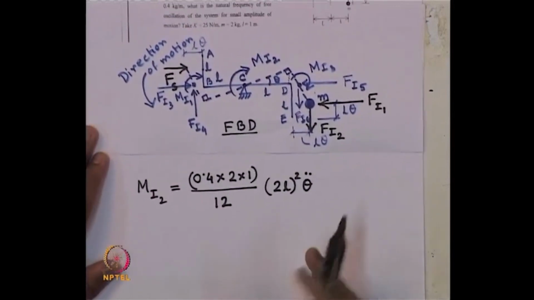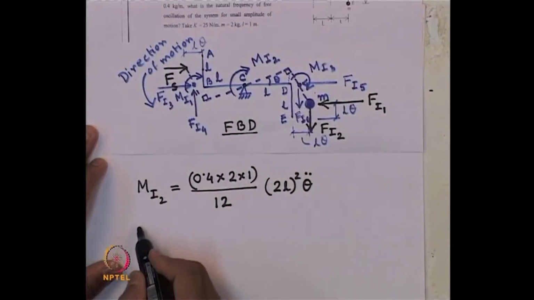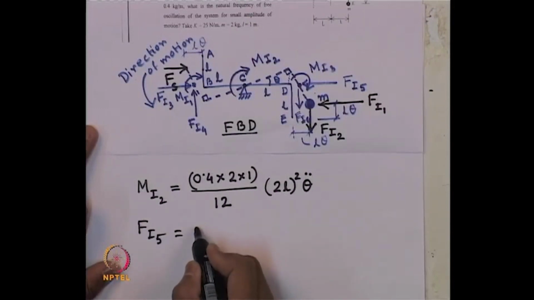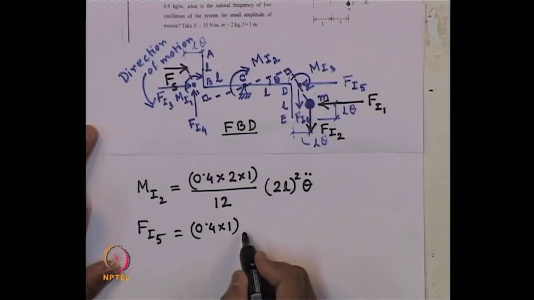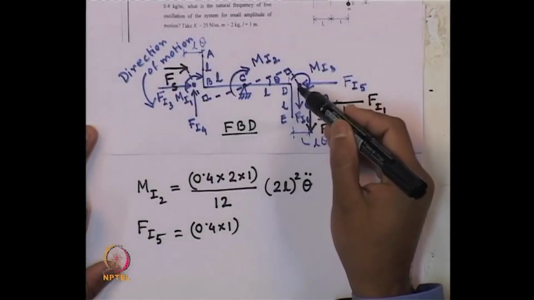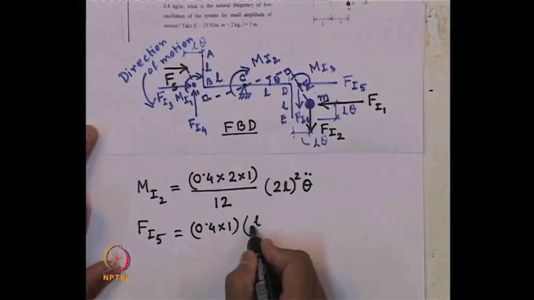Now, for the bar DE, the inertia forces we can now easily write down quickly. F I 5 will be 0.4 times 1 m times acceleration. So, horizontal displacement of this bar DE about its center is again L by 2 theta.